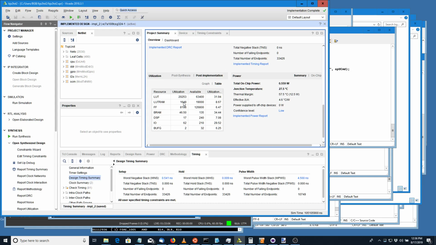This is mostly being used for the register file on the L1 caches.